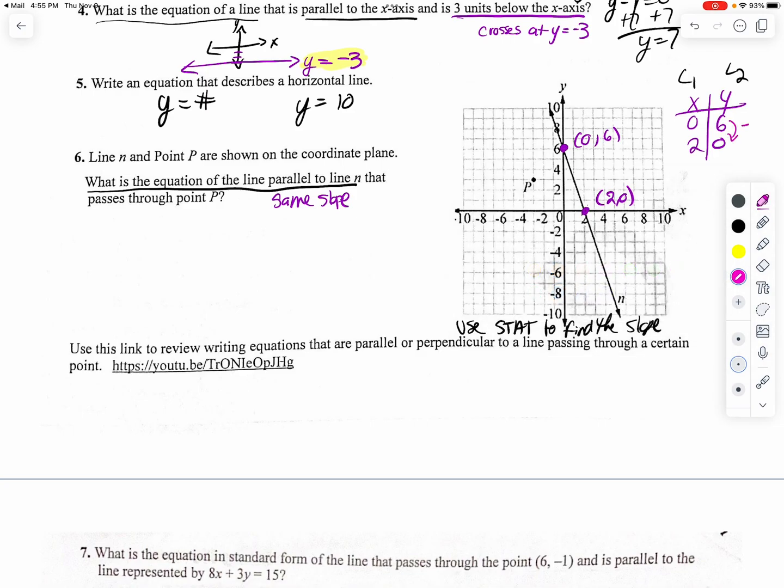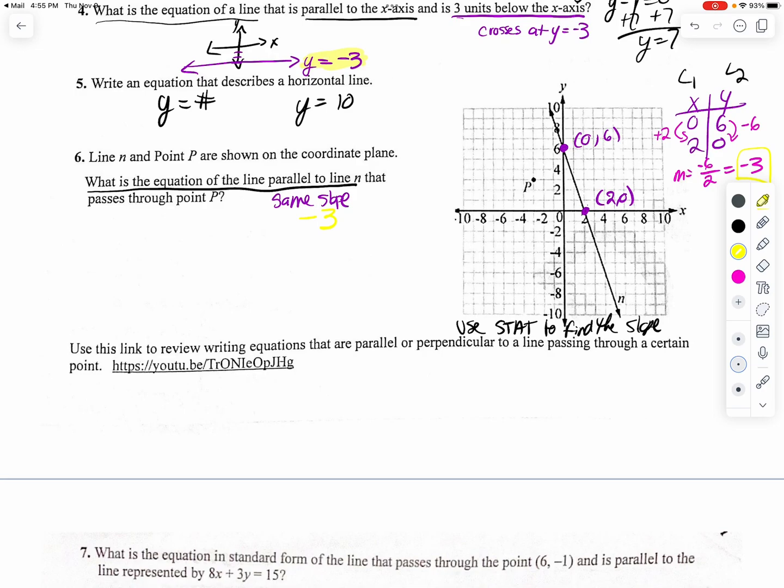So change in y here is -6, and change in x here is +2. So for our slope, -6 divided by +2 is -3. So that's the slope. -3.